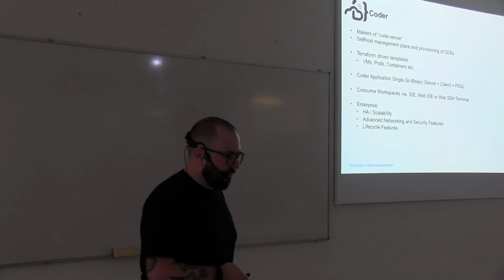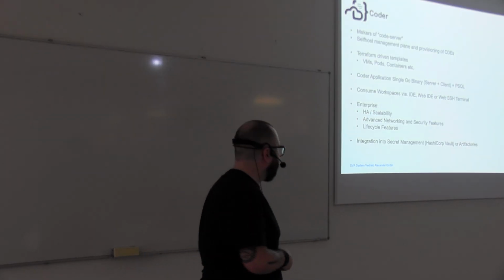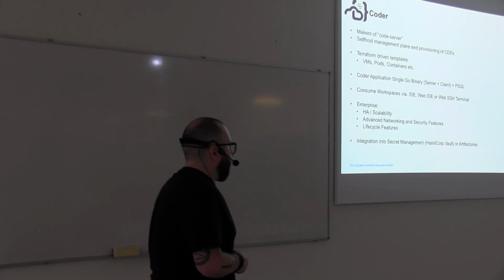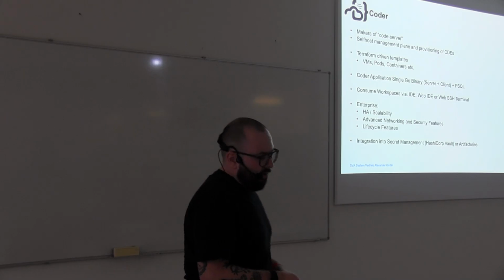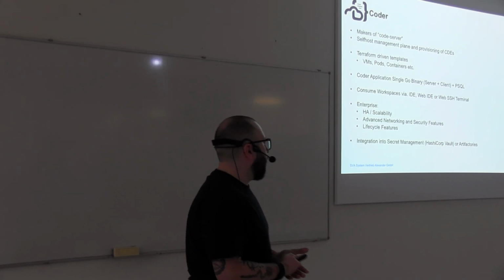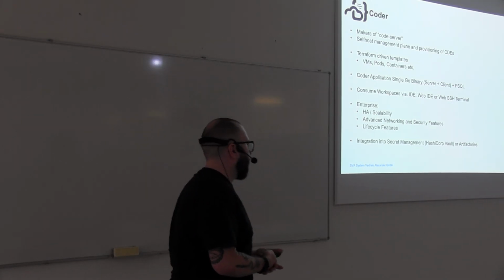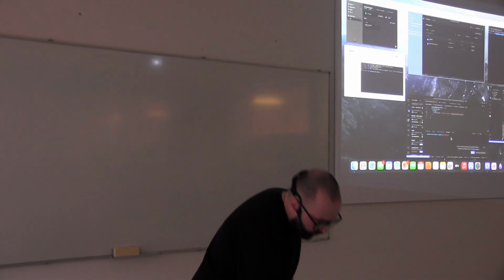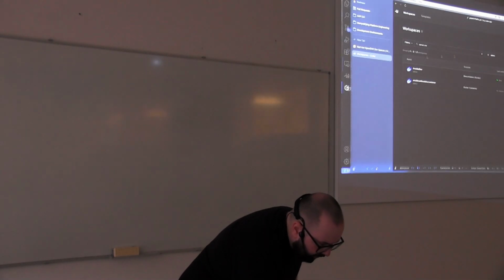We will also look at this. There are also integrations into your secret management, so that your developers are not allowed to enter secrets in some menu form, or if you want to use images from Artifactory, for example. So let's look at Coda.